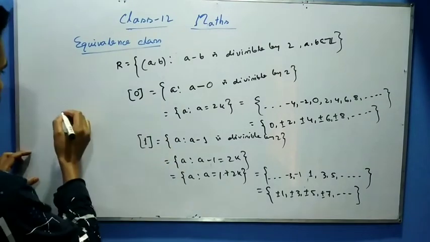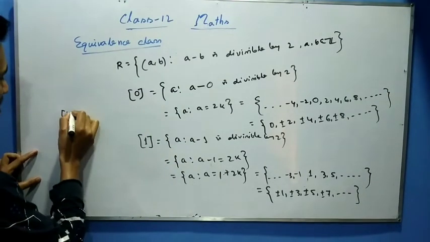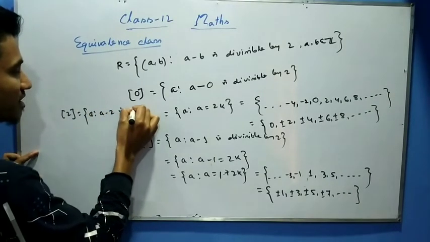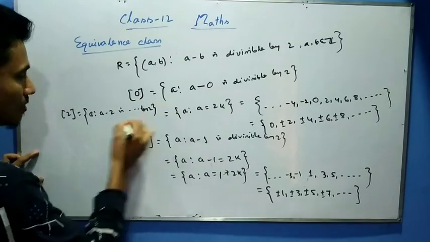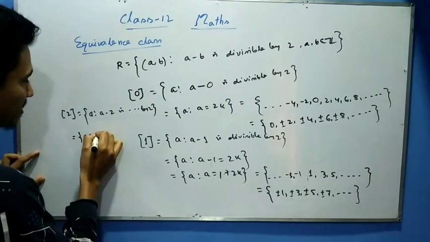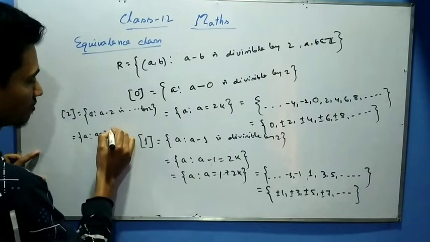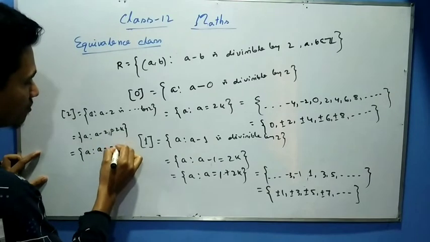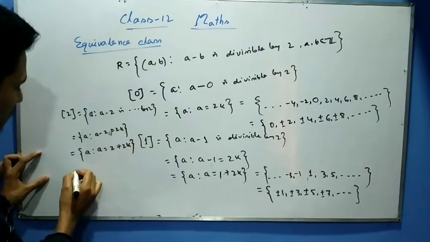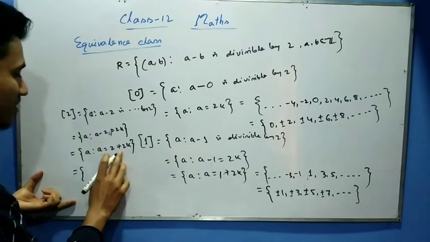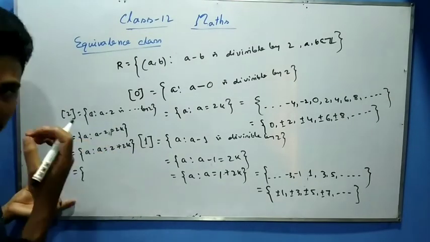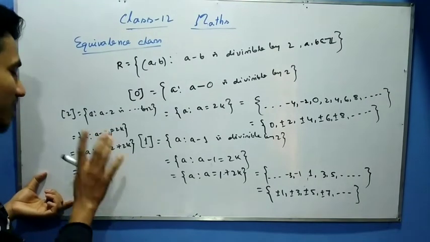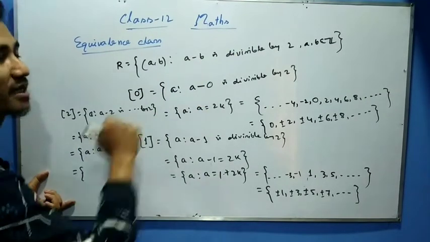Now if I find the equivalence class of 2, then that is the value of A such that A minus 2 is divisible by 2. That means A minus 2 equals twice K, so A equals 2 plus twice K. The value of K does not have any restriction, it may be anything, but you have to remember that A should come from the integers.